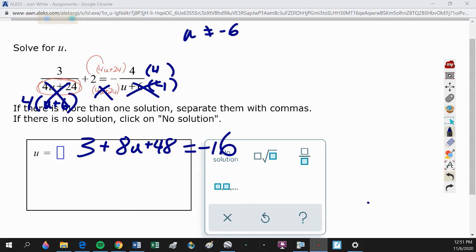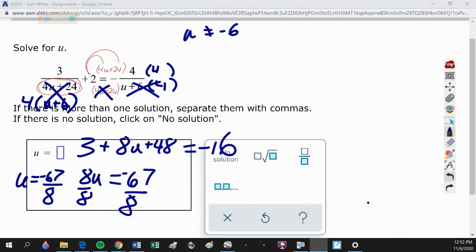So 2 times 4u and then 2 times 24. So 8u, we subtract 48, -16 minus 48 is 64, minus 3 is 67, negative. So u is -67/8. Is that an okay answer? Yes, because it's not -6. So we're done.